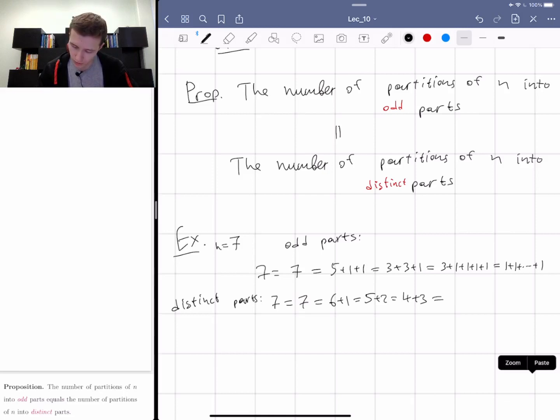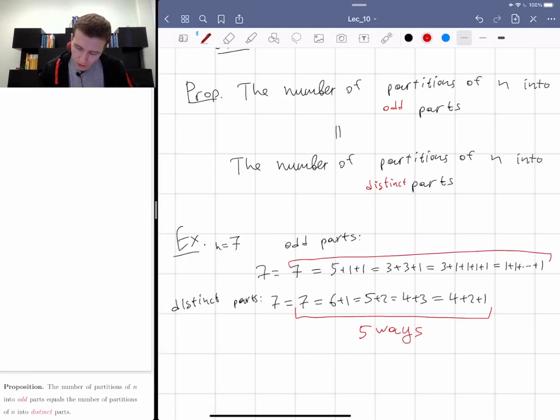I think there's only 4 plus 2 plus 1. So I think that's it, hopefully. So the claim is that there's 5 ways to partition into distinct parts, and there's also 5 ways to partition into odd parts. And the number of ways is always the same.